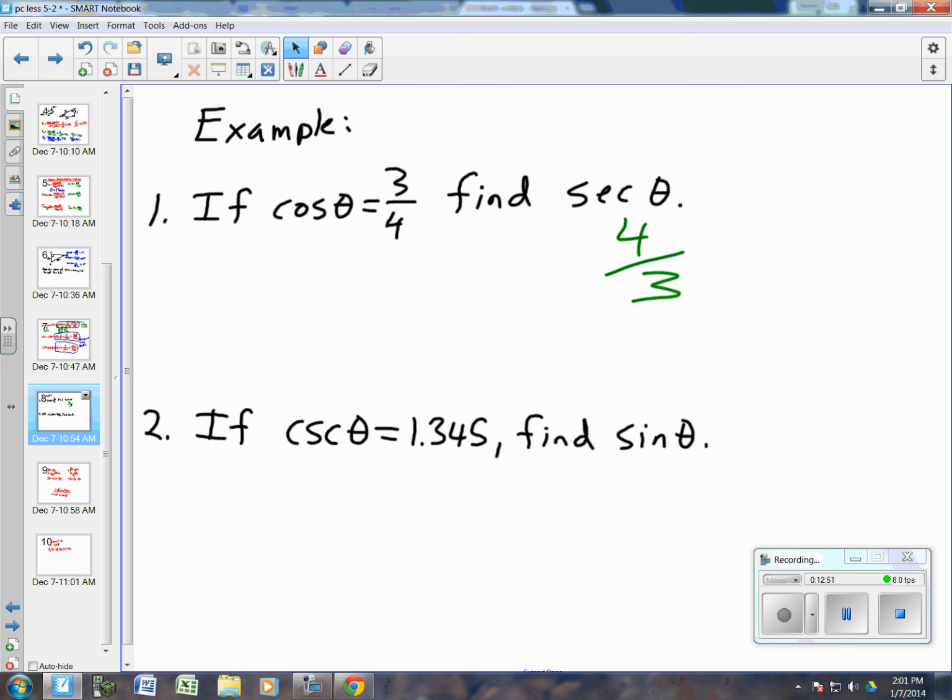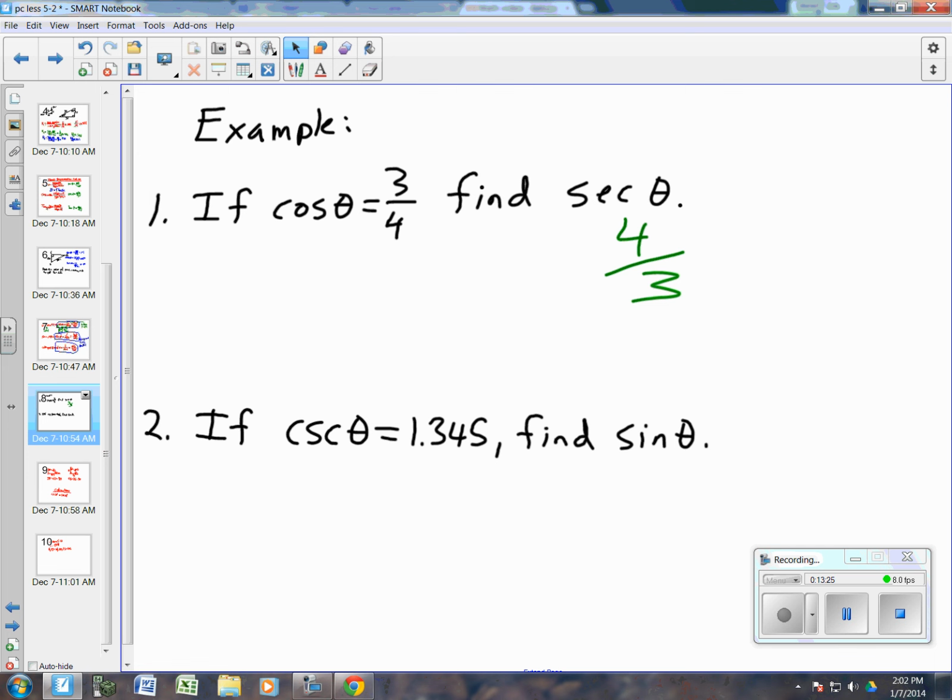What about number 2? Raise your hand when you got the answer to that one. You don't need a calculator, but you can use your calculator if you want. Give me a calculator answer. How did you get that? 1 divided by 1.345?